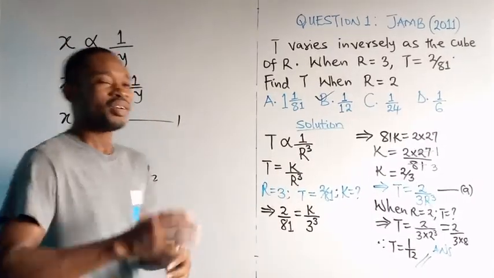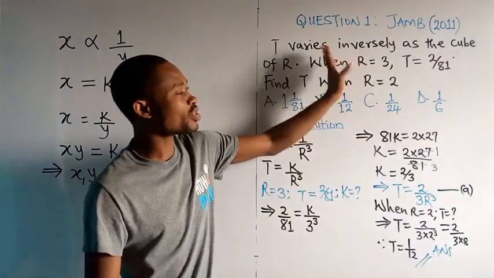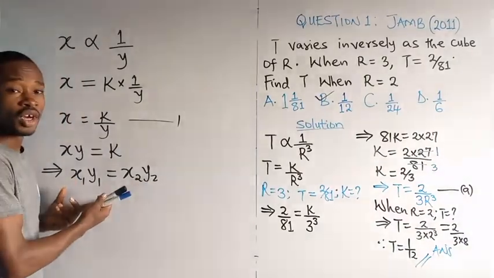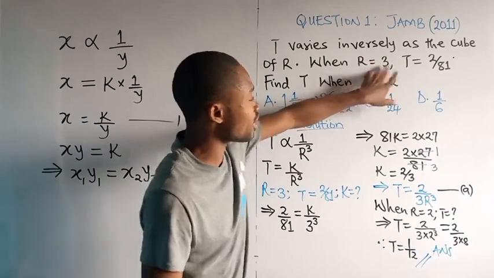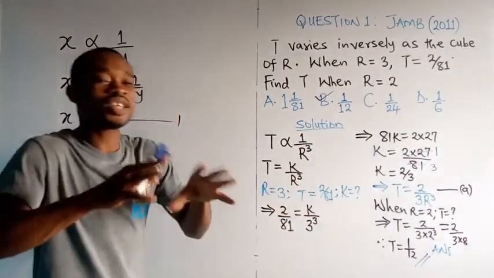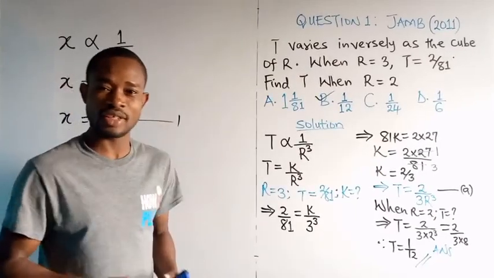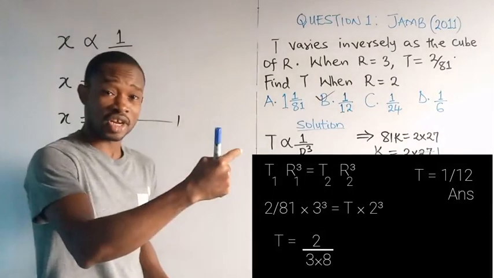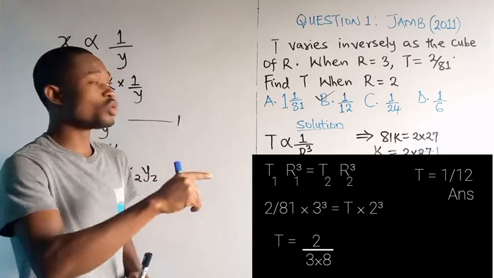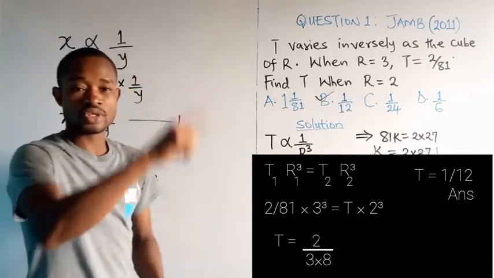But the truth is, respecting JAMB straight on in terms of how you attack this question, this could have been solved easily. The fastest way of solving this is remembering this relationship. The initial conditions multiplied, this and this. But remember, this is going to be the cube of r. So the fastest way to attack this, if it were in the exam hall, talking about JAMB specifically, is going to be something like 3 raised to the power 3, which is 3 cubed, because the r term is cubed, times 2 over 81, equal to t2, which is your final t, which you don't know, times the cube of this, 2 raised to the power 3.